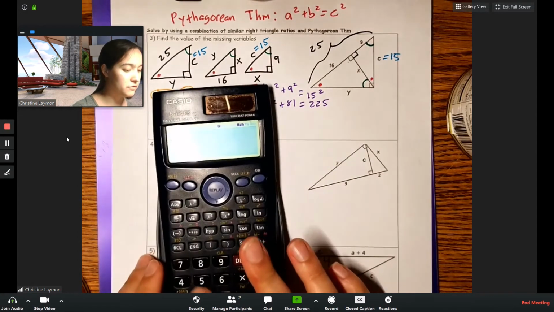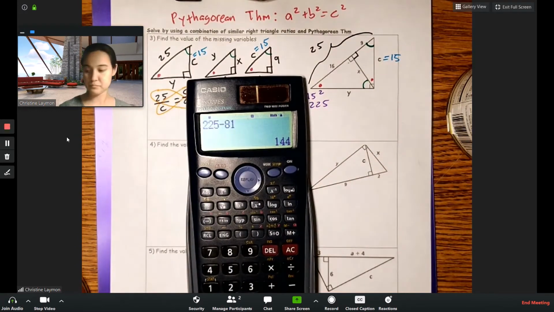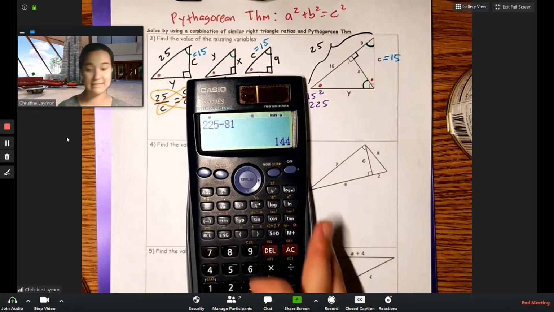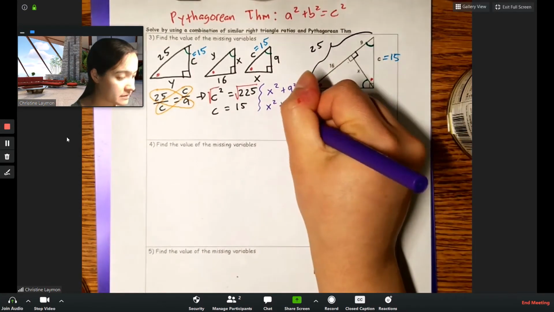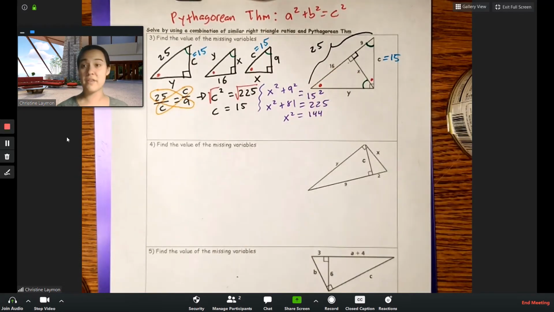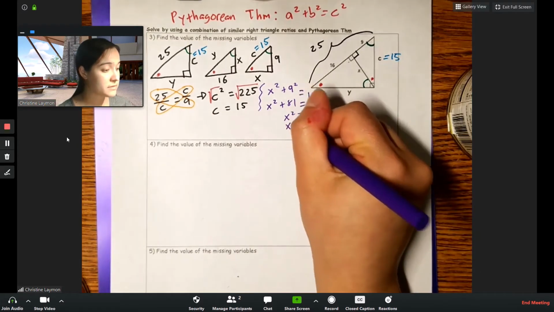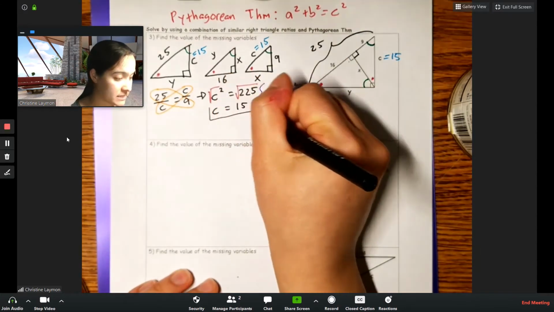So 225 minus 81, and I get 144. So again, I'm moving it over to the right-hand side. So what I've got then is x squared equals 144. And I say, oh yeah, well 144, that's a perfect square. It's one we've used on our times tables. X is 12.